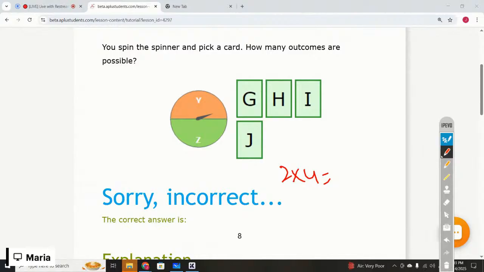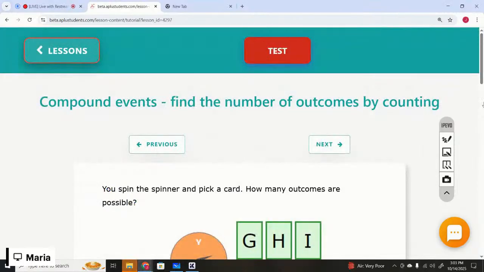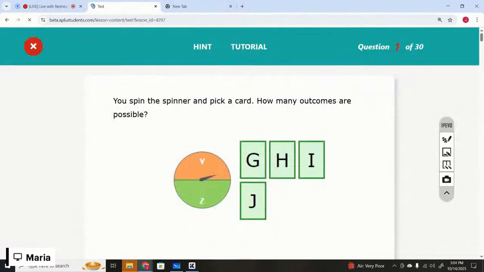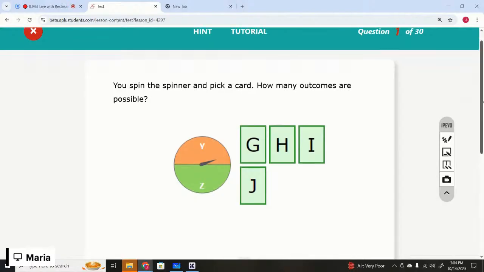Okay, let's just start with the test questions. You spin the spinner and pick a card.